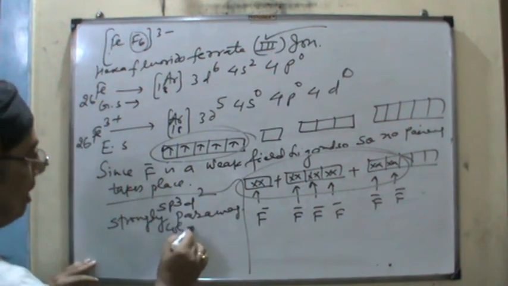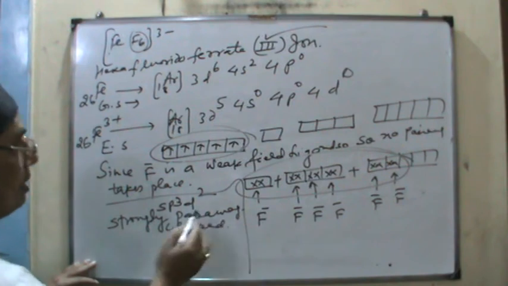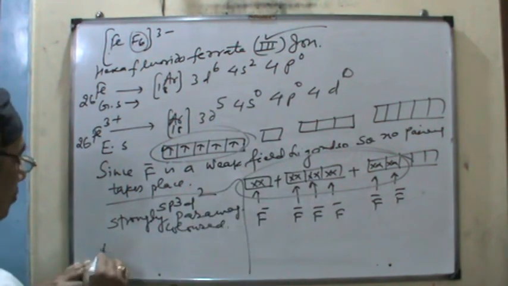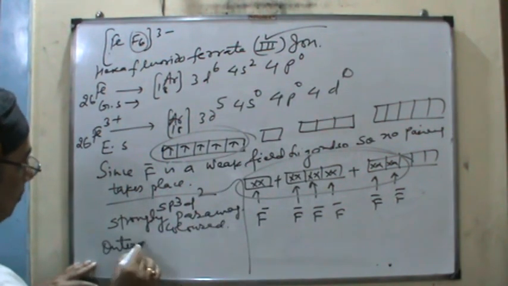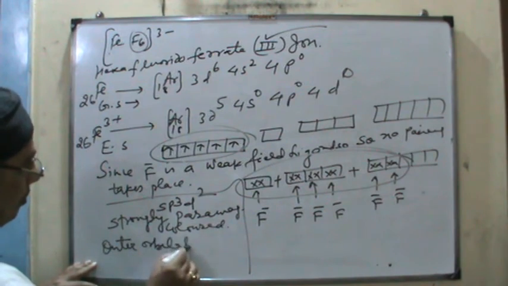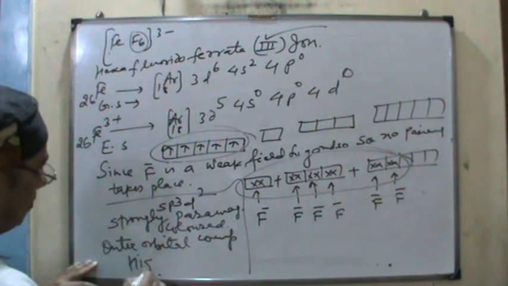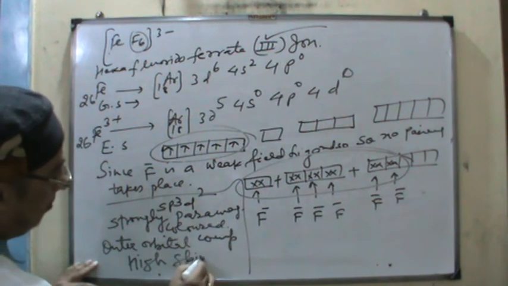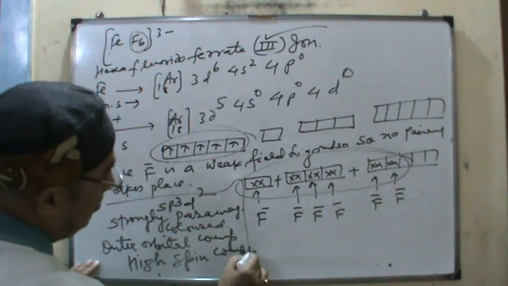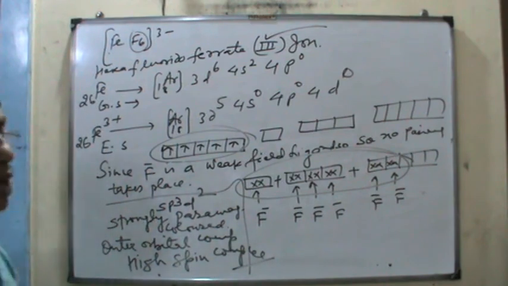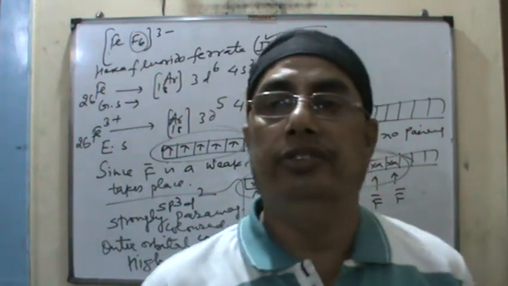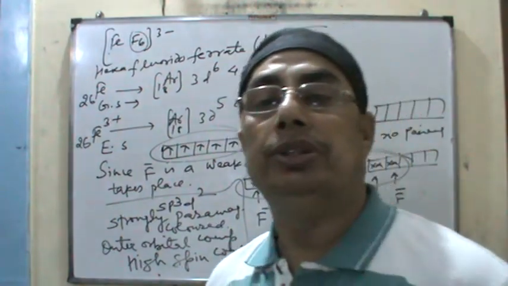If it is paramagnetic, it is colored. The orbital is outer, so it is outer orbital complex, or outer orbital complex is known as high spin complex. So you have assembled all kinds of answers. This is all about VBT.